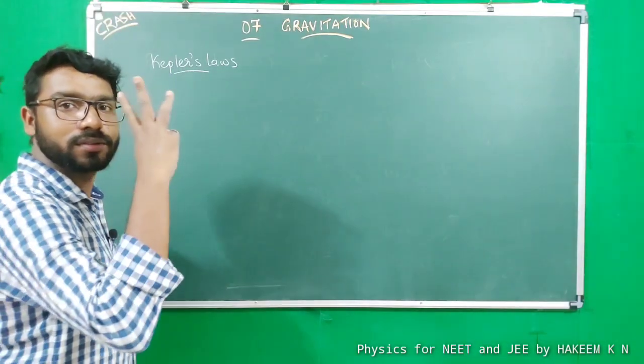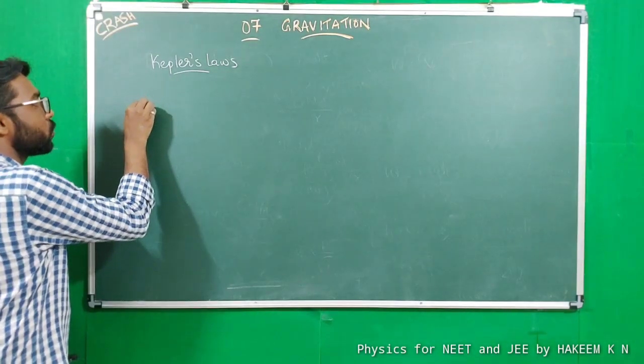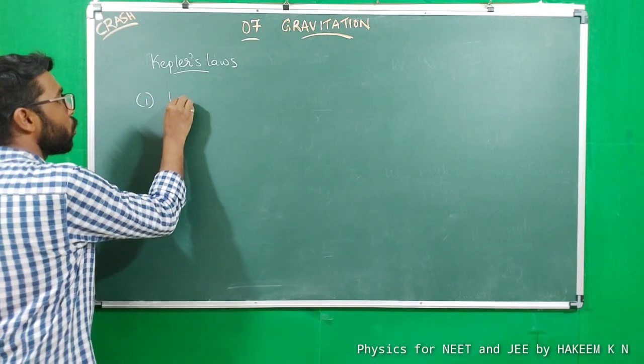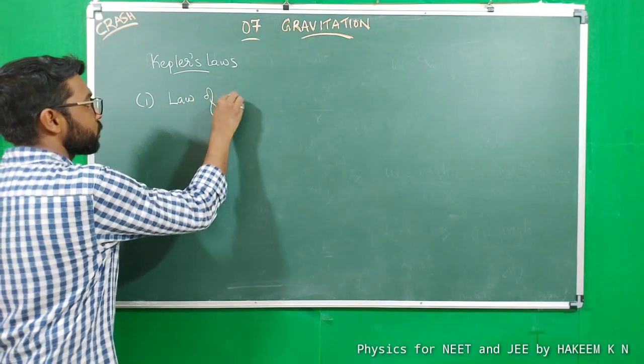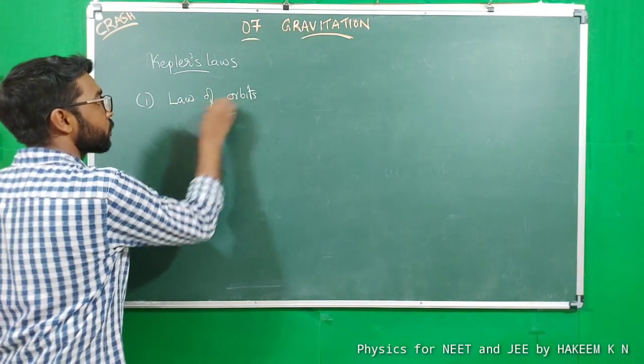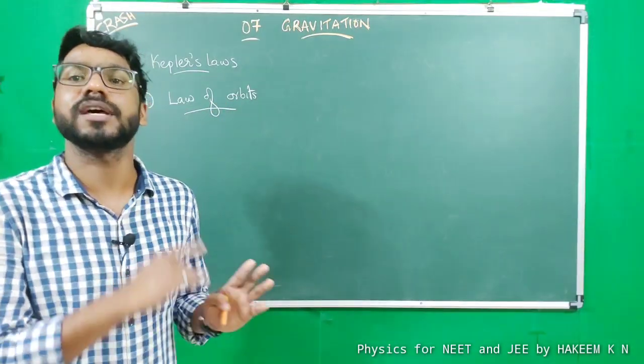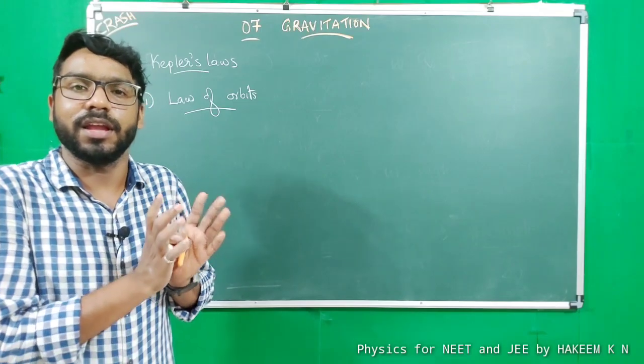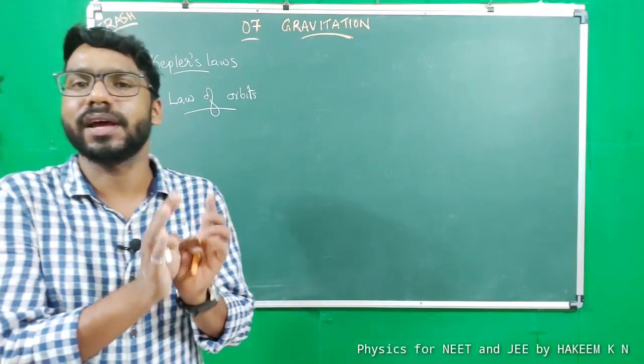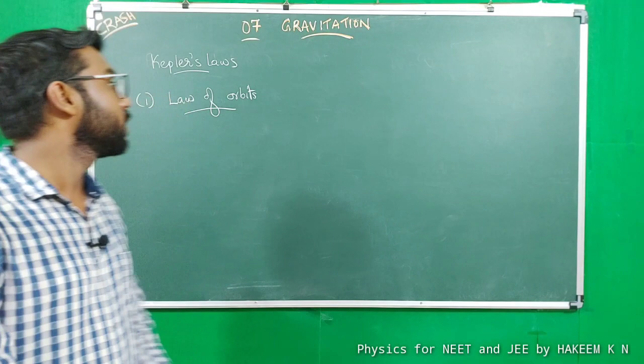Kepler's laws, there are three laws. First law is called law of orbits. Law of orbits, that means every planet revolves around the sun in elliptical orbit with the sun at one of their foci.